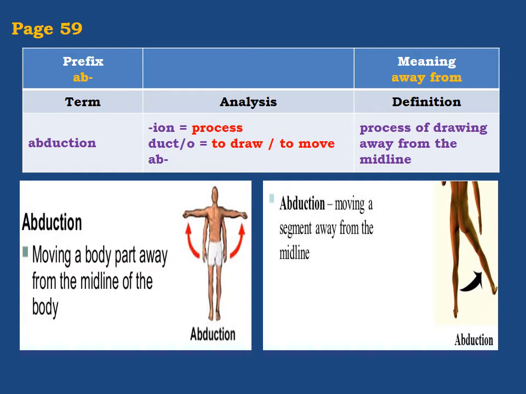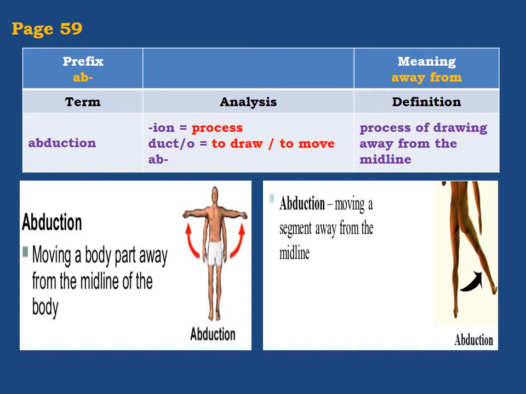Again, if you look at the picture on the right side, abduction, moving a segment, we took it before, means part or piece, away from the midline. Whether here in the first picture, the arms, or here the second picture, the leg, it is the same. We are talking about body parts. So here, look at this picture on the right.